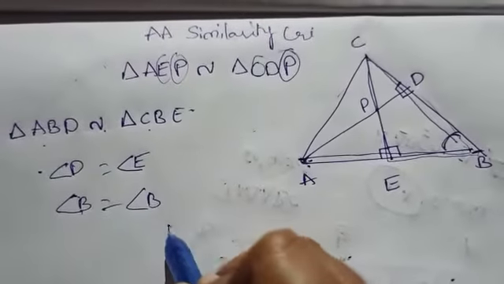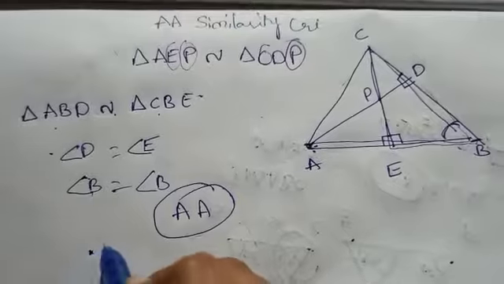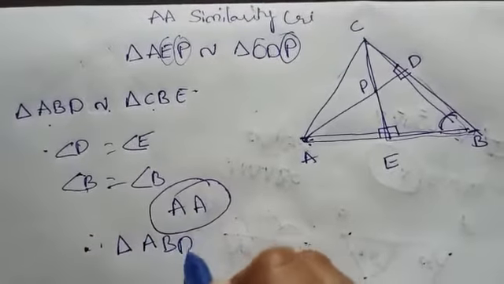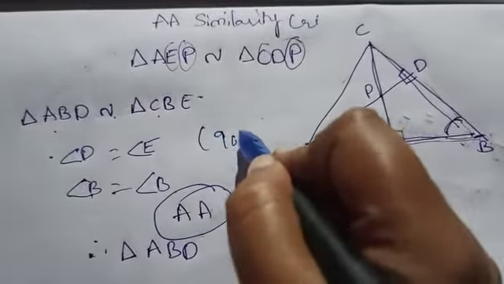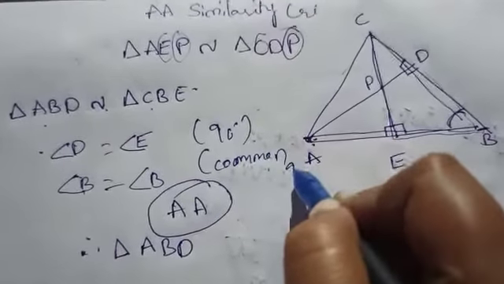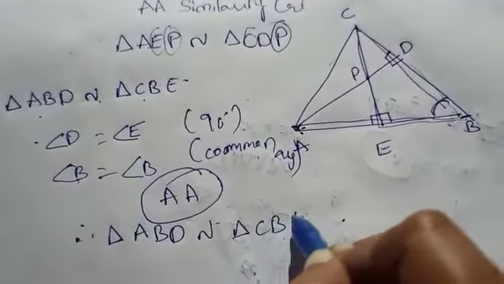Based on the angle similarity criteria, triangle ABD, with this 90 degrees angle and this common angle, is similar to triangle CBE.